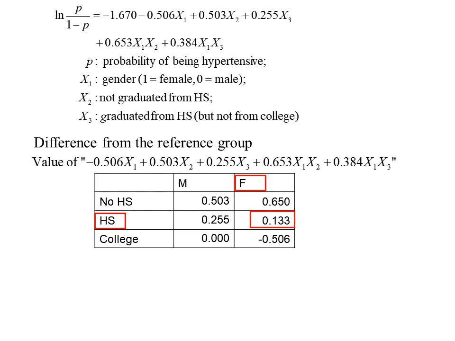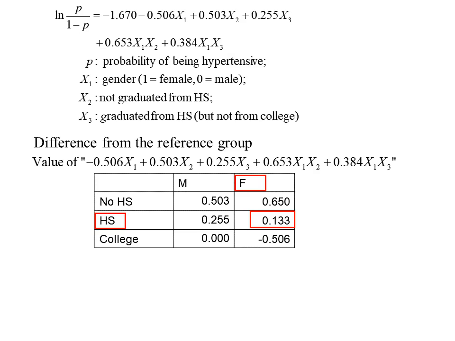We calculate the value of the sum of terms that include gender-related or education-related binary variables. In this model, we calculate the sum of the values of the 5 terms from -0.506 times x1 to 0.384 times x1 times x3 for each of the 6 groups. For example, let's look at females who have graduated from high school.